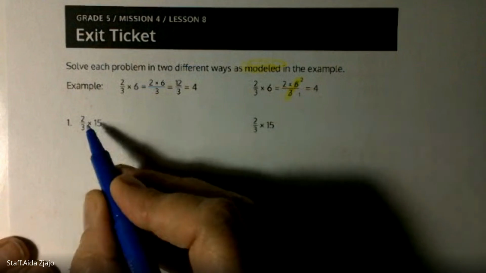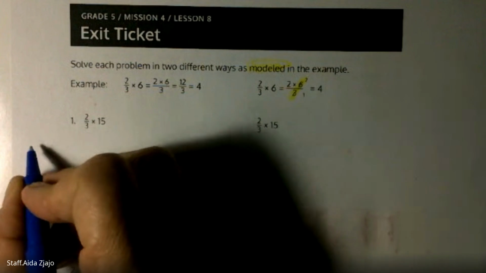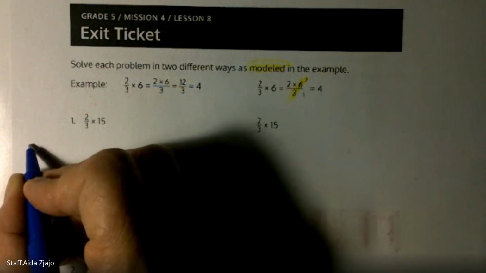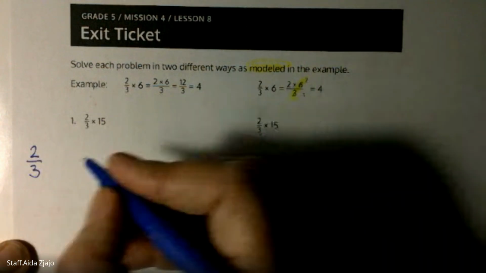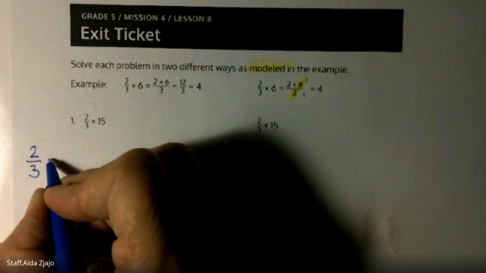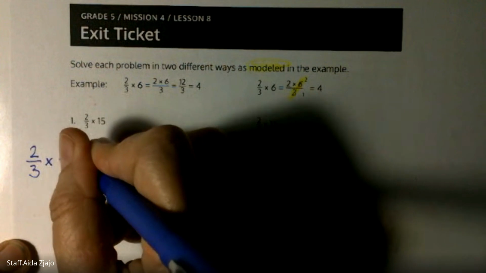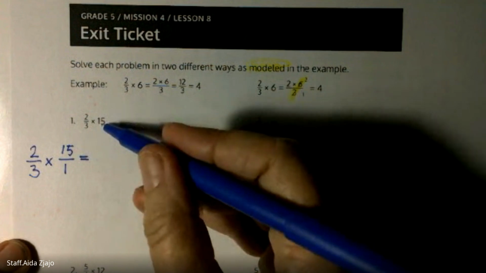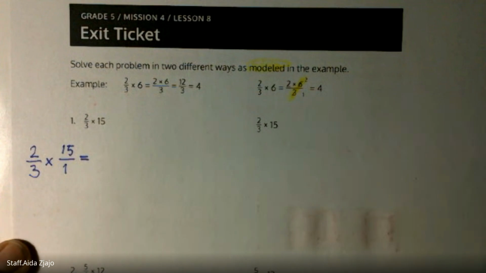So if we have 2/3 of 15, I'm going to rewrite my answer: 2/3 times 15. I'm going to write 15 over 1, because that's the part they skip: this 15 is a whole, but as a fraction, it's divided by 1.